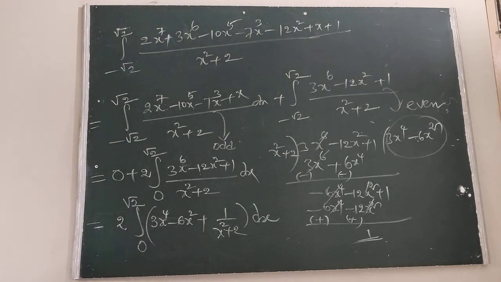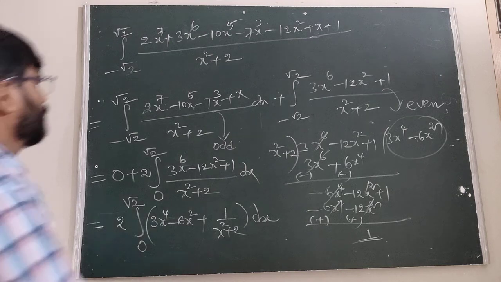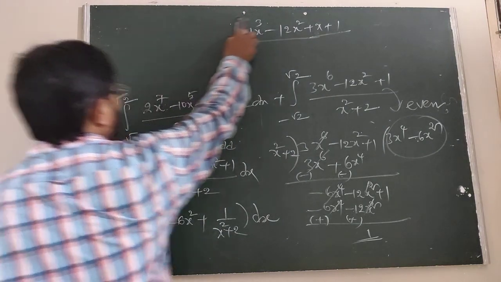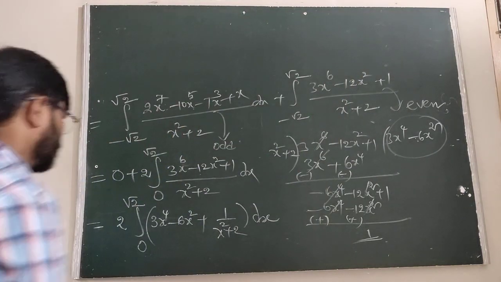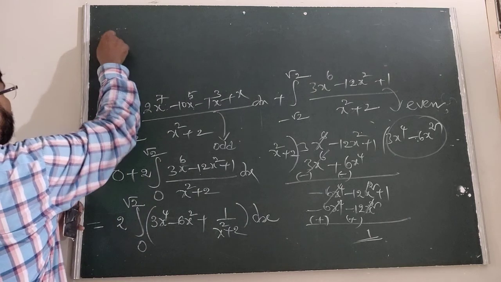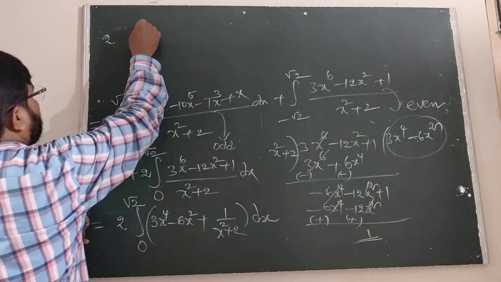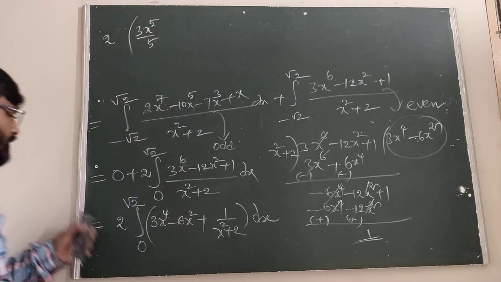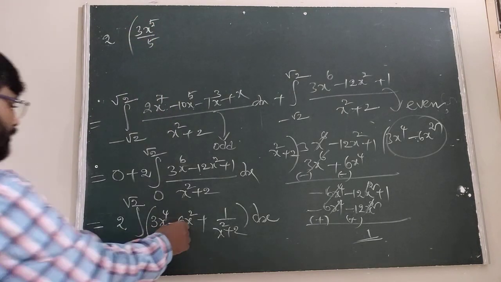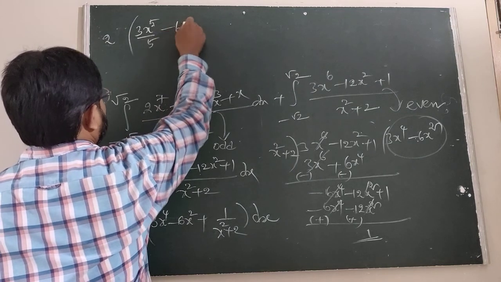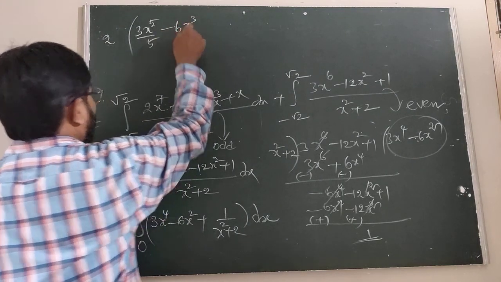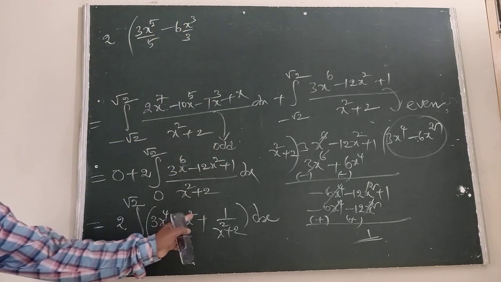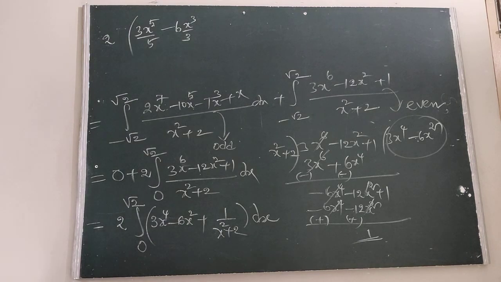Okay. Now all of you listen. This is 2 into 3x power 5 by 5, minus 6x cube by 3. The integral of x square is x cube by 3.